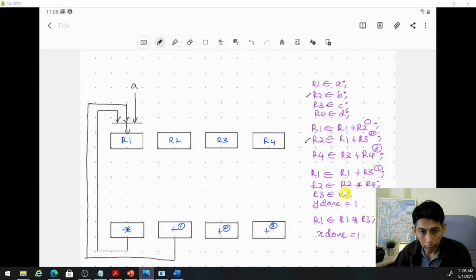And another one is from multiplier, right? And there is no other input to R2. So this is actually a 4 to 1 multiplexer, yeah, but we use only 3, right? Not 3 to 1 multiplexer. This is 4 to 1 multiplexer. And this one we need 4 to 1 multiplexer as well.